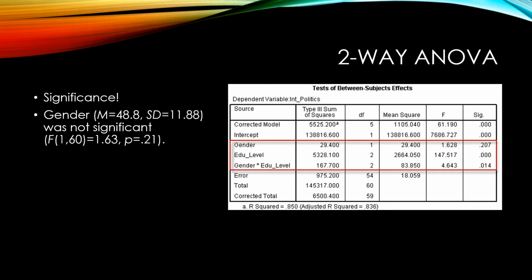Then the F statistic, and then the p-value rounded to 2 decimal places. Pretty much anything that you report is going to be rounded to 2 decimal places. The only exception is if, for example, you were reporting the significance for EDU level, since SPSS gives you 0.000, you would just say that the p-value was less than 0.001.